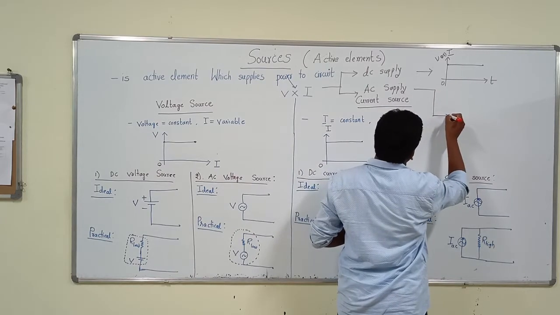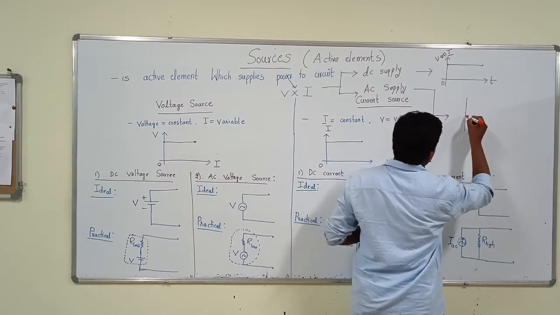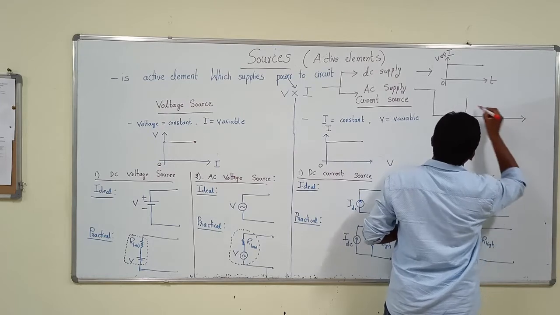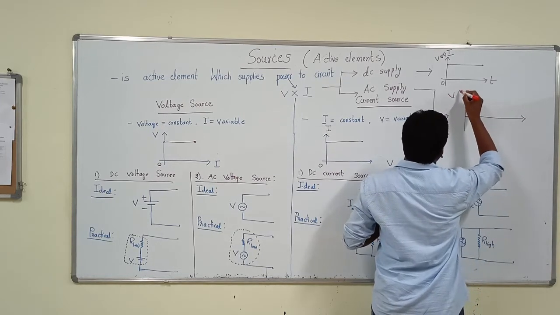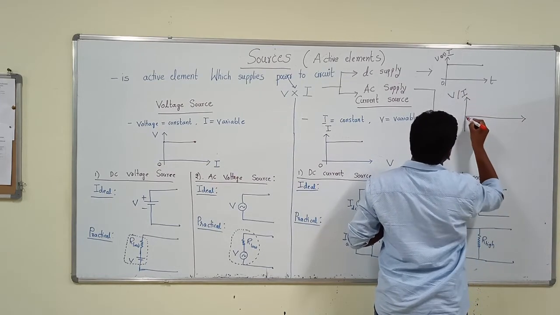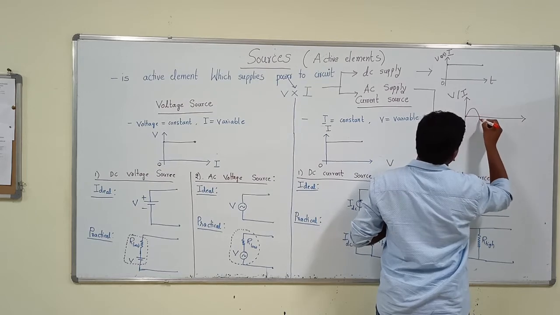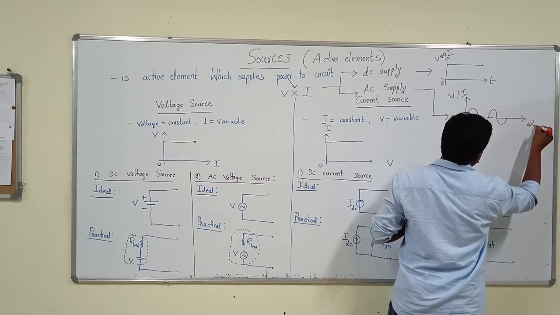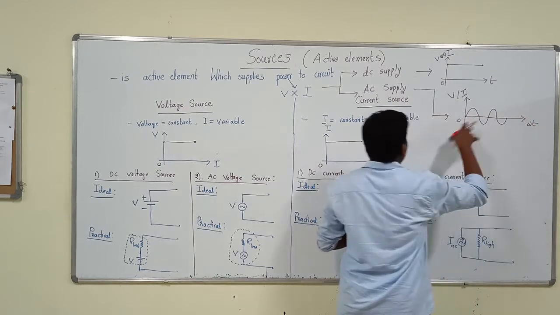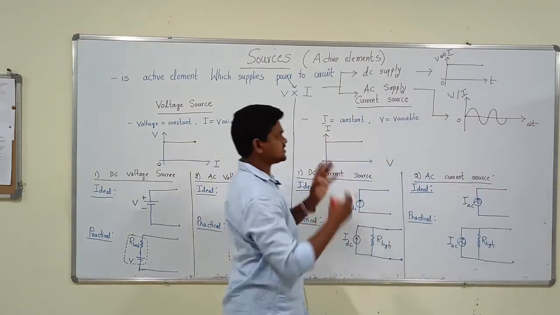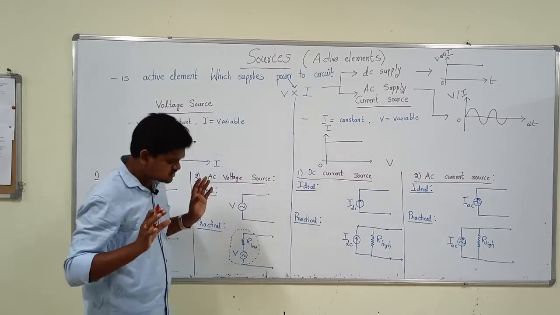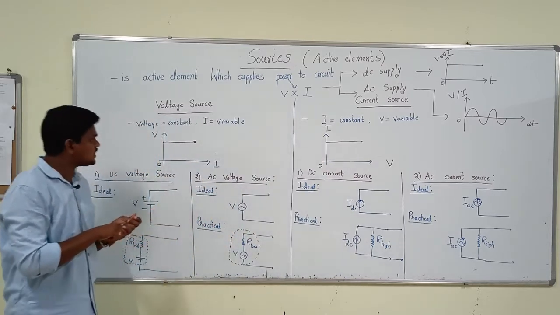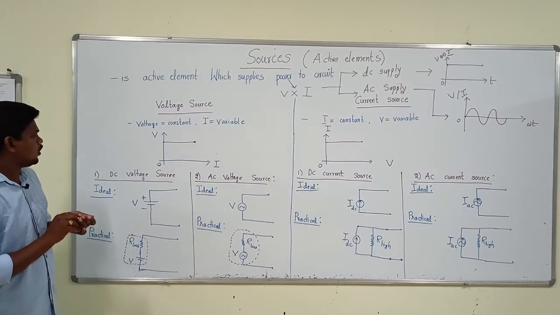AC supply is a sinusoidal waveform. The AC voltage or current is like this, following a sinusoidal waveform. This is omega t, this is 0. Again, we will discuss this deeply later.